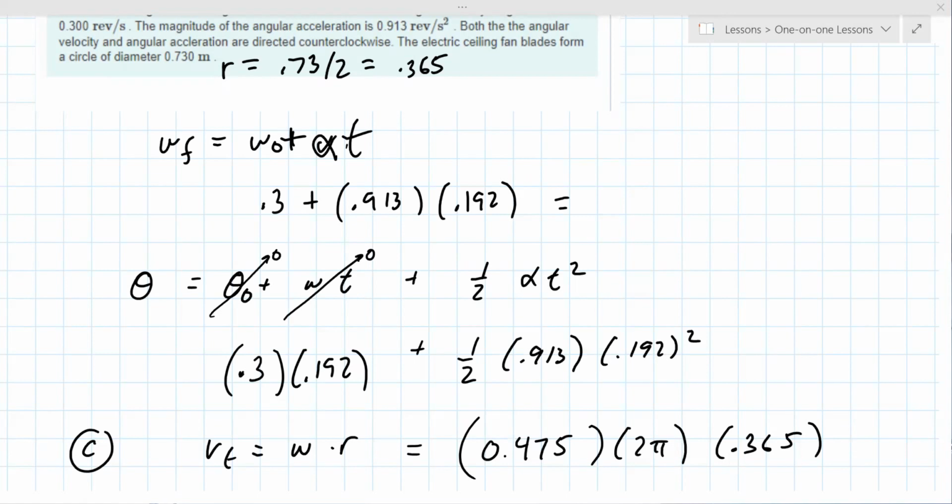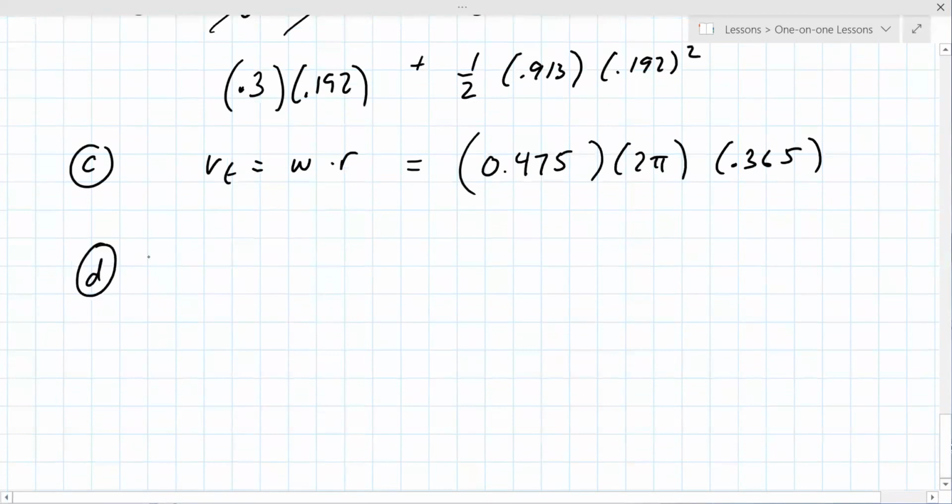All right, on to part D. Part D is the acceleration. Is it asking for tangential acceleration? This one is asking for acceleration. So acceleration is two things.